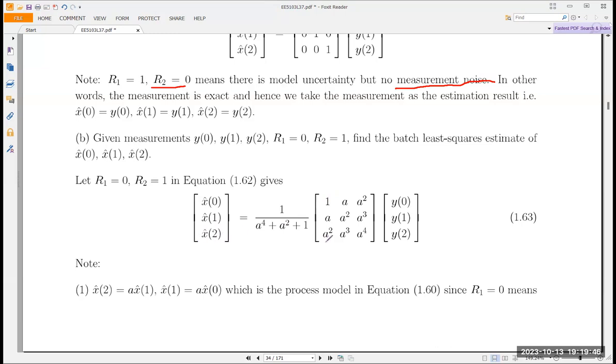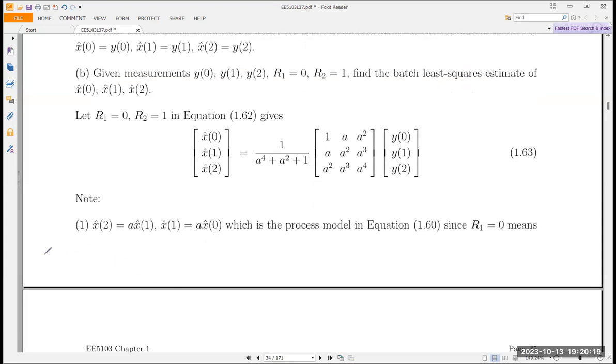X2 will be this times this, divide by this. X1 would be this row times this, divide by this. Then you will see the difference between X2 and X1 is actually A times X1 will be equal to X2. Because you want to write it down for you.